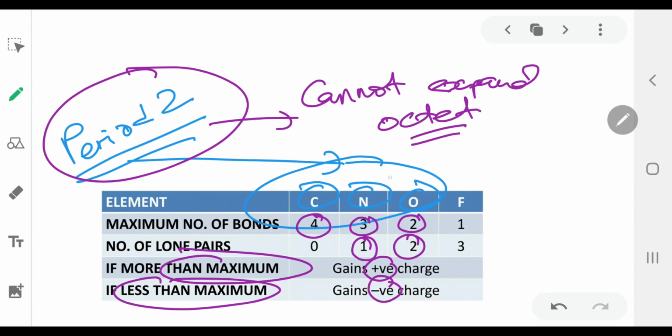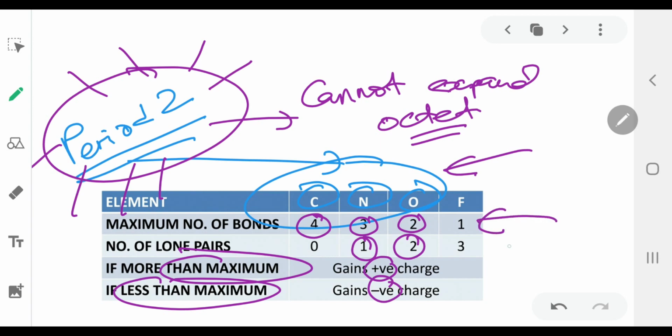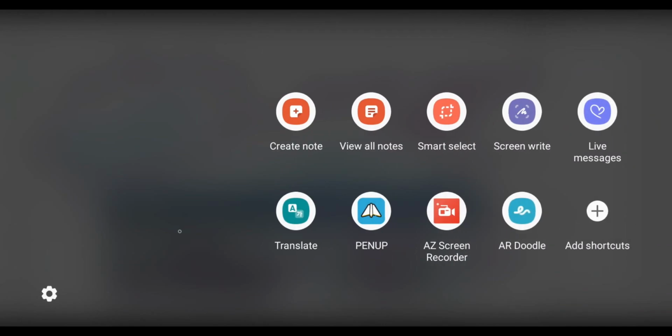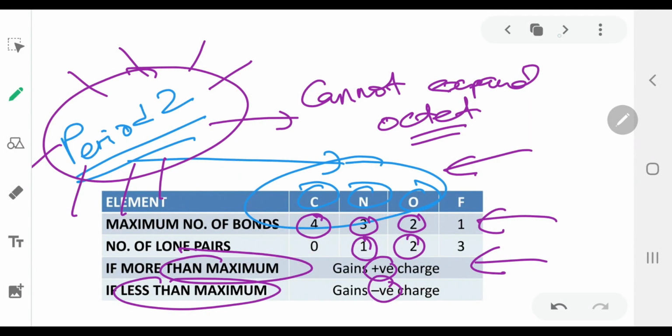So you need to remember these species on period 2 cannot expand the octets, therefore they have a maximum number of bonds and also lone pairs.